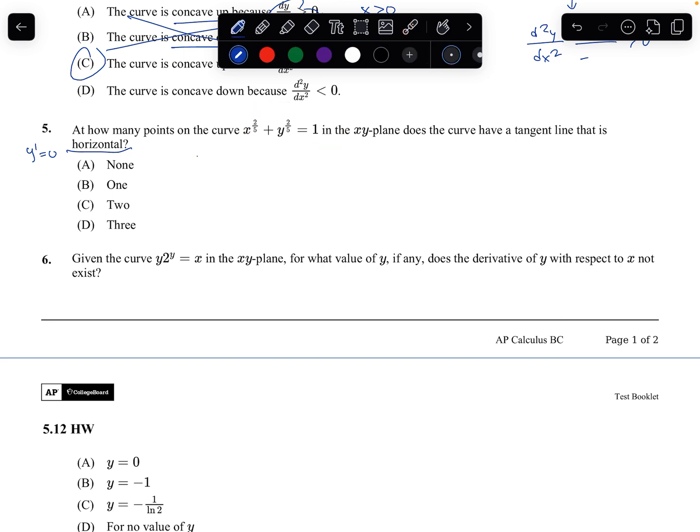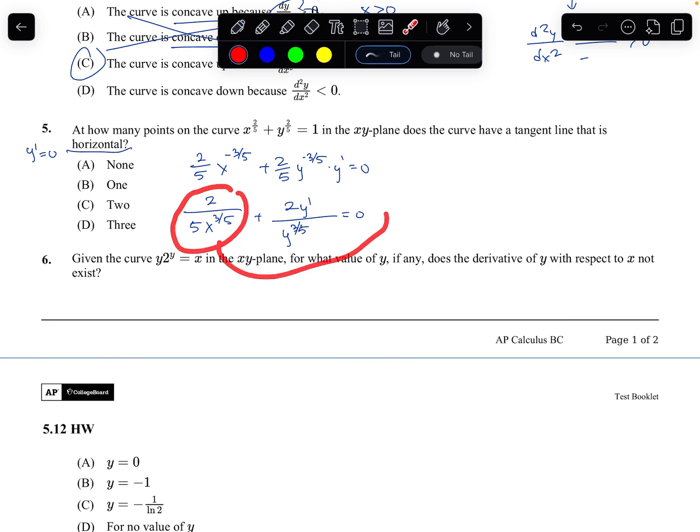The derivative of that is going to be 2 over 5 x to the -3/5 plus 2 over 5 y to the -3/5 times y prime equal to 0. So this is 2 over 5 x to the 3/5 plus 2y prime over 5y to the 3/5, and that's going to be equal to 0.